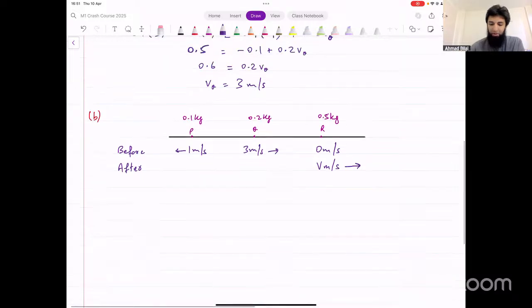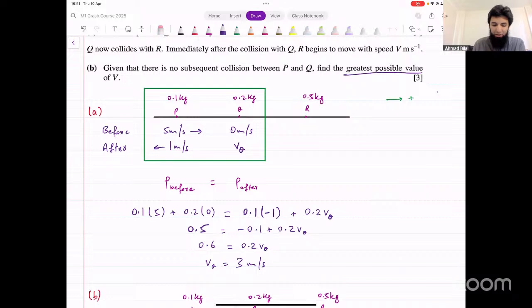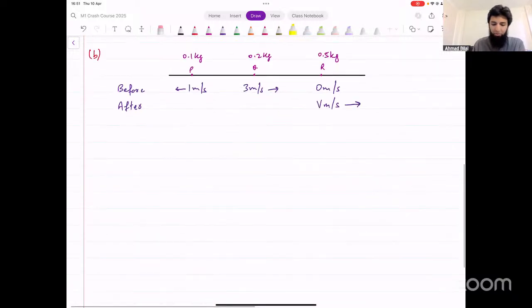We have to find out the greatest possible value of V given that there is no subsequent collision between P and Q. Where are the particles P and Q? P was moving at 1 meter per second to the left. After collision, Q would have some speed. It could be moving towards right, it could be moving towards left.